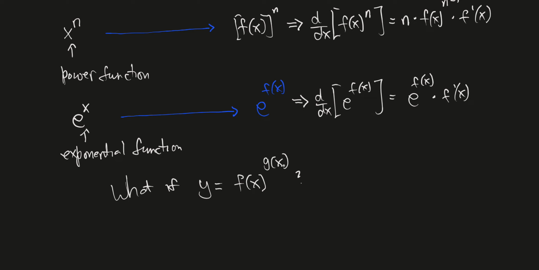Well, it turns out there are two ways we can handle it. What I'm going to do is do it generally with this f of x raised to the g of x power, and highlight two different processes that you can take for finding the derivative, and then look at some specific examples.